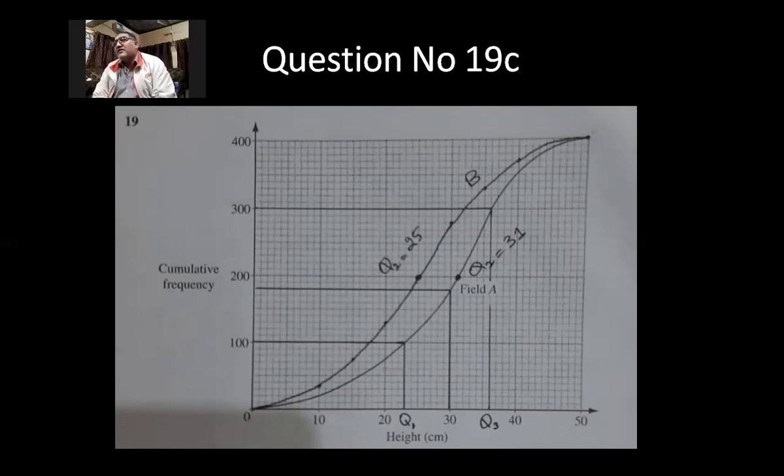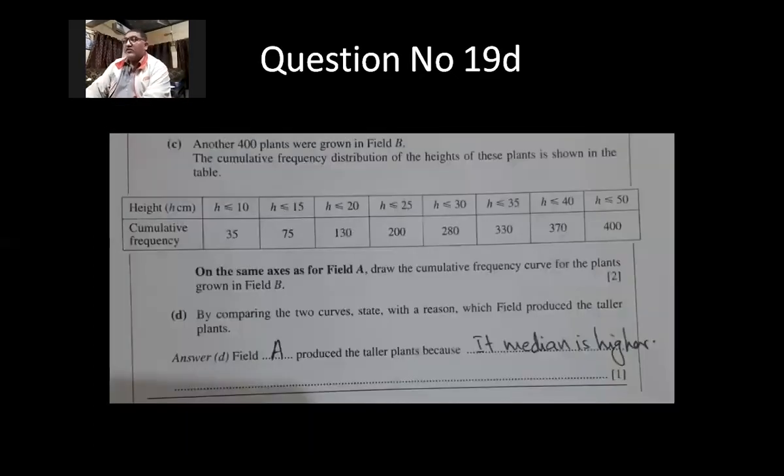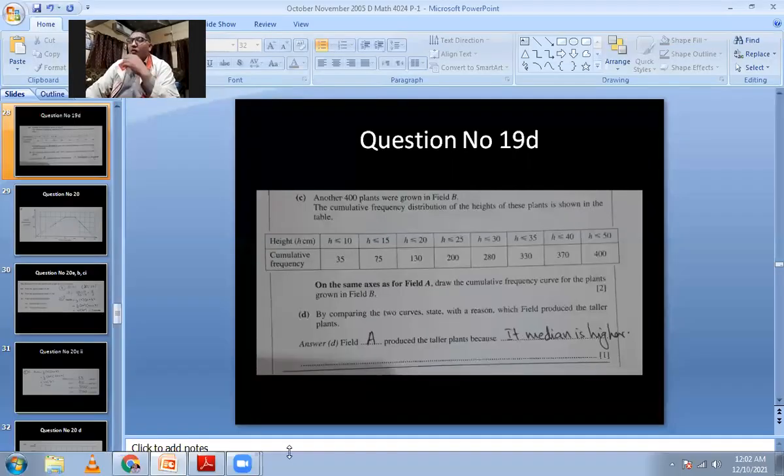So it means that there are taller plants in the field A, because its median is larger. So field A produces the taller plants because its median is higher. So this is question number 19 and its D part. Hopefully you understand.